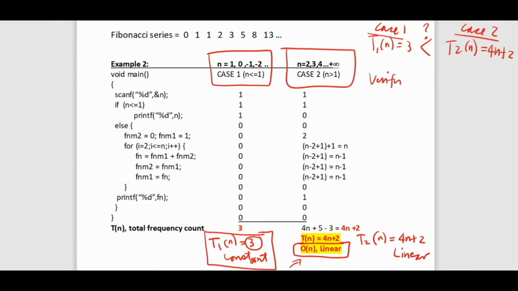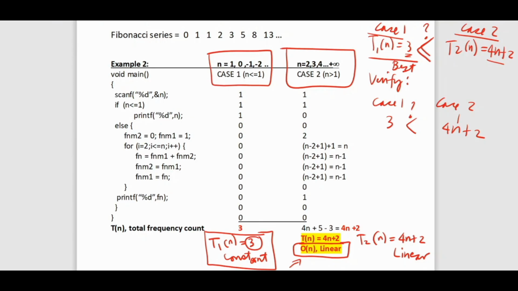So verify if indeed the case 1 total frequency count T1 of n, which is equal to 3, is indeed the best because it is less than the case 2 total frequency count or running time, which is 4n plus 2. So to verify, we would say case 1 is 3. Is it indeed less than case 2, which is 4n plus 2?